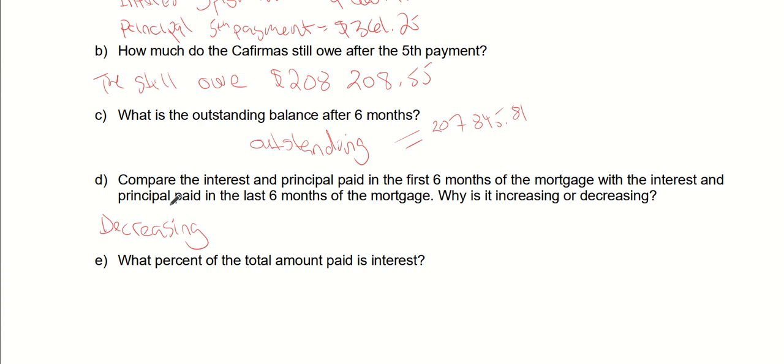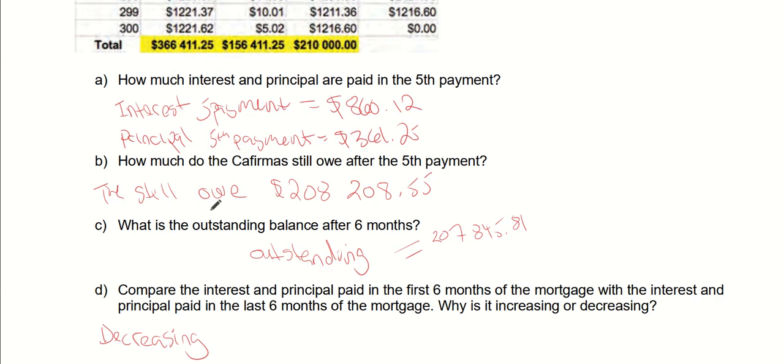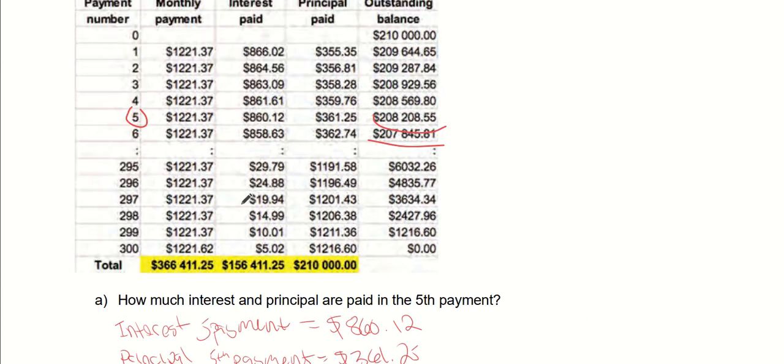It's decreasing because the interest is being paid. So, take a look. Every time that you pay it off, the interest is getting smaller, and the principal is actually getting bigger because you're paying more of it off, because everything is equal payments. Now, the interest that you're paying is smaller because the interest is dependent on the outstanding balance. If the outstanding balance is getting smaller, then the interest you pay is getting smaller.